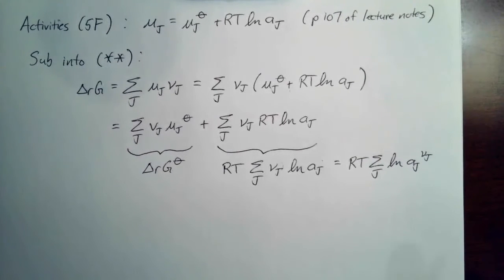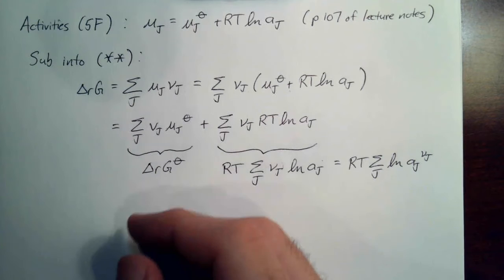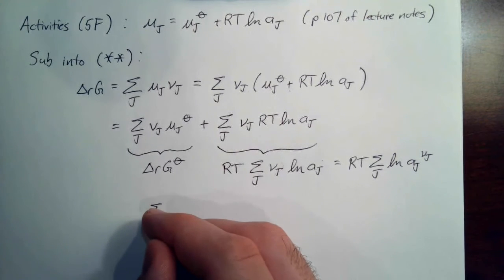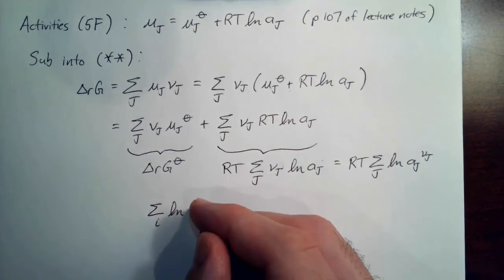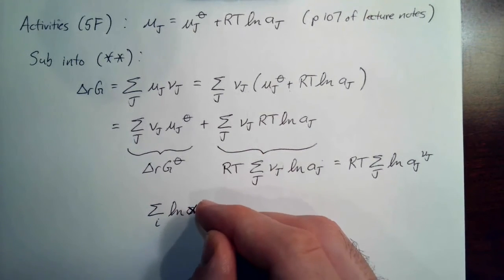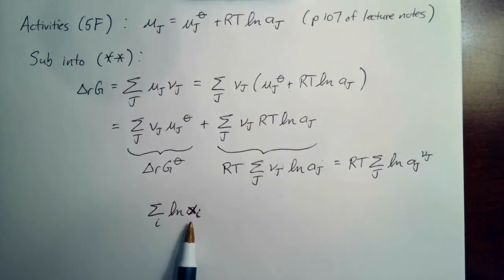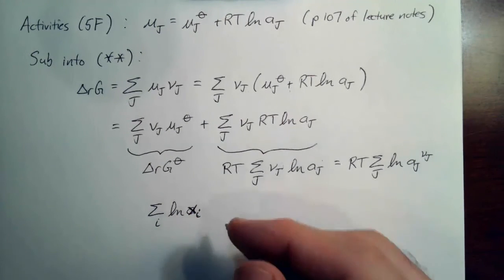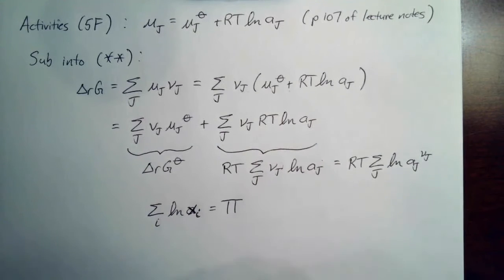And now I have a sum of logarithms, so we're going to use another property of logs, which is that the sum of logs is the same as taking the log of the product of all of these arguments. Let me call it xi, so I don't reuse symbols. Capital pi is product notation, and capital sigma is summation notation.